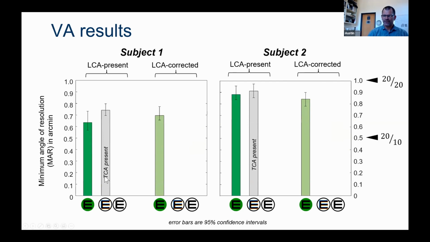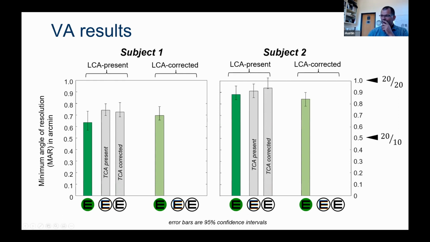This is with the transverse chromatic aberration present. When we correct for the transverse chromatic aberration in the LCA present condition, as expected, we see really no measurable change because the main source of blur is the longitudinal chromatic aberration itself.